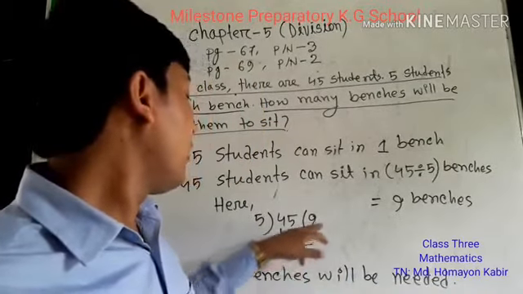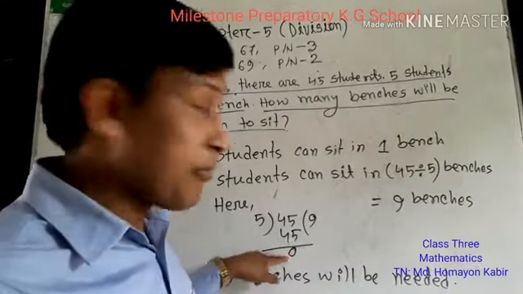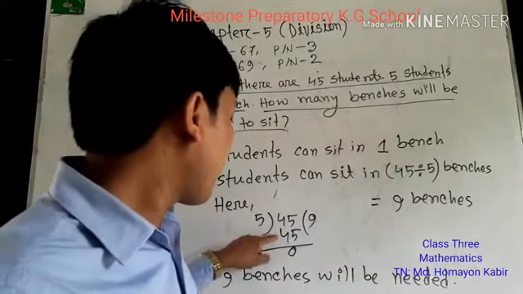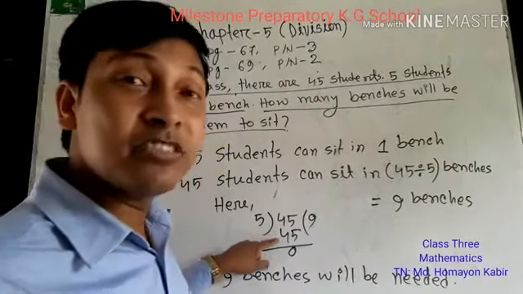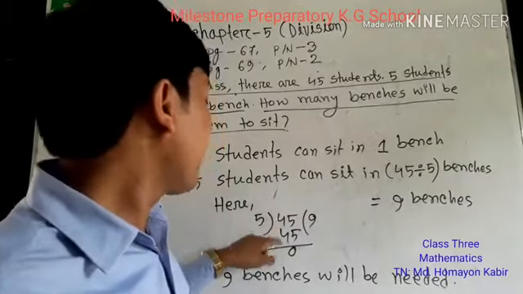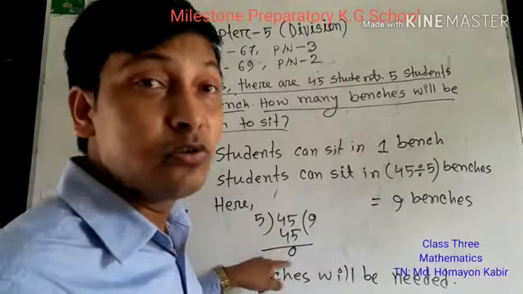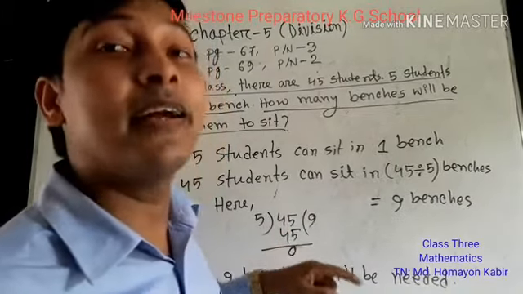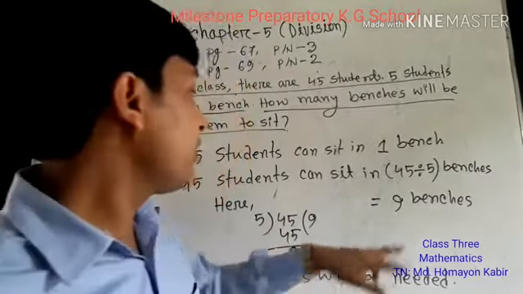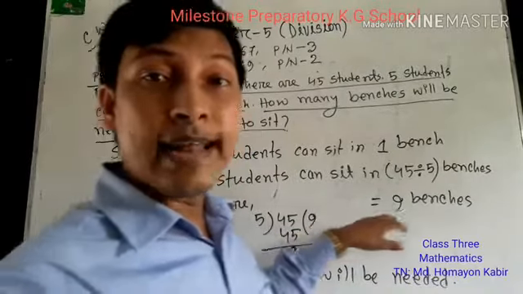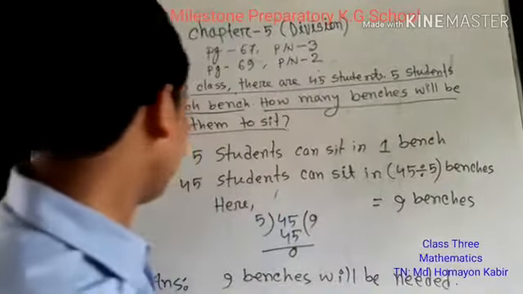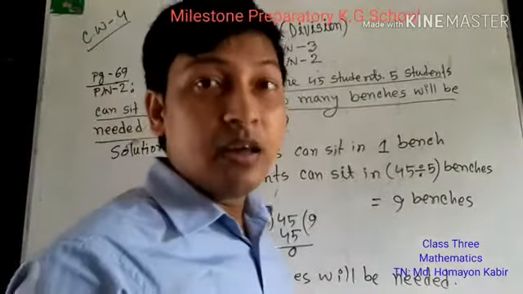It will be 9, and after division we have to do subtraction. So 5 minus 5 is 0, 4 minus 4 is 0. No need to write both 0s. You can write only one 0 here. So our quotient is 9 benches. So answer: 9 benches will be needed.